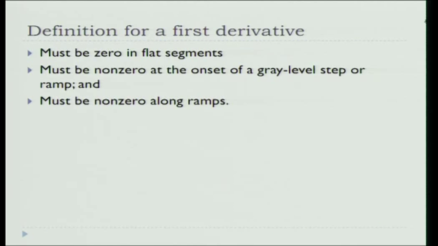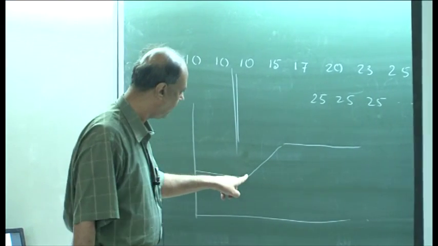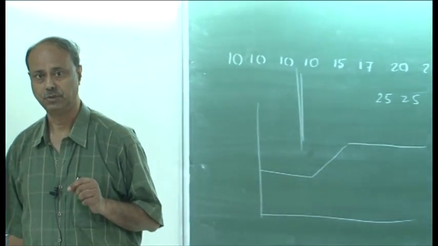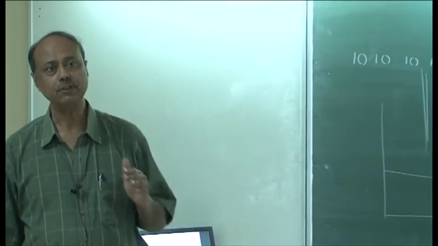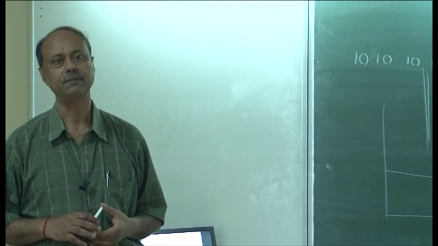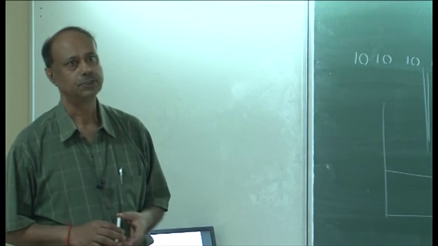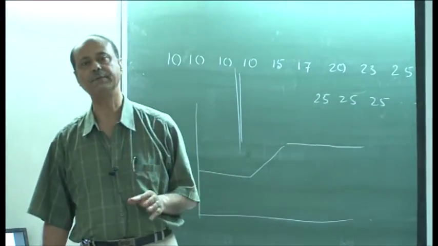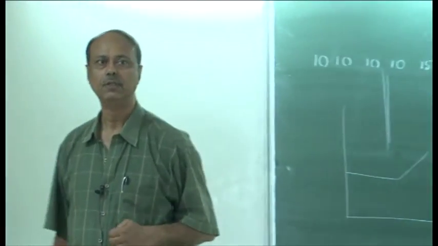You observe that if I take the first derivative on constant values, there is no change, so you get 0.